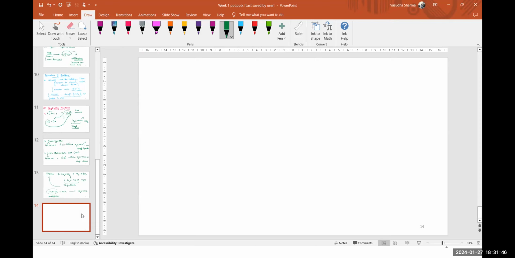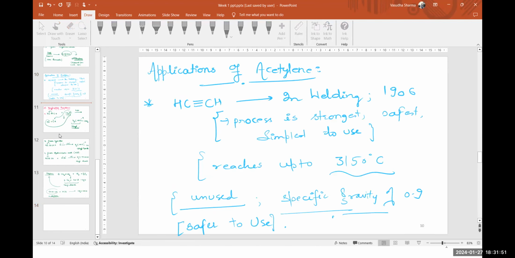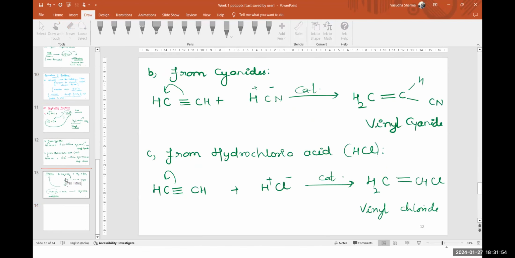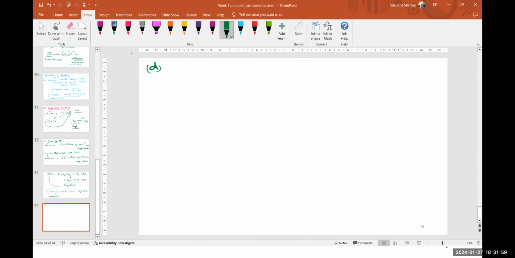So here we have, now instead of HCN and HCl, I am taking this acid group and I'm treating it with acetylene in the presence of the catalyst.